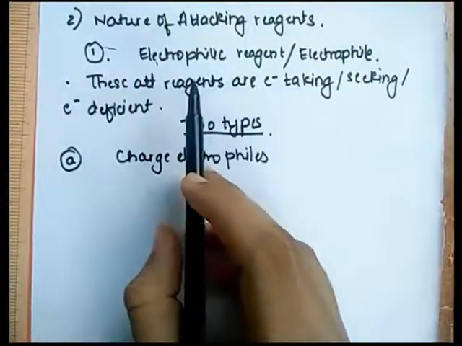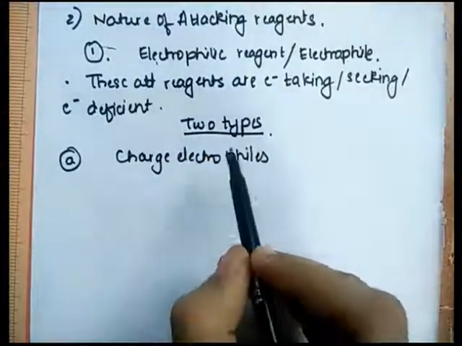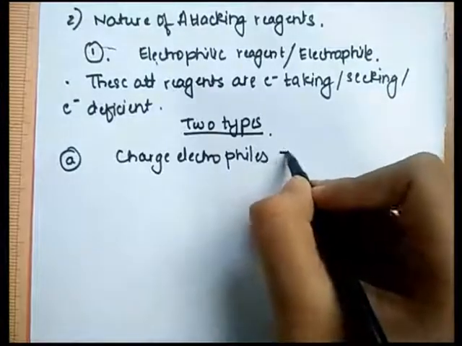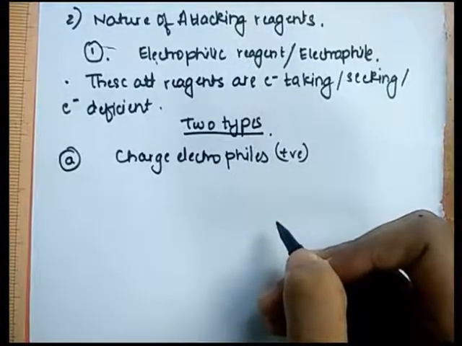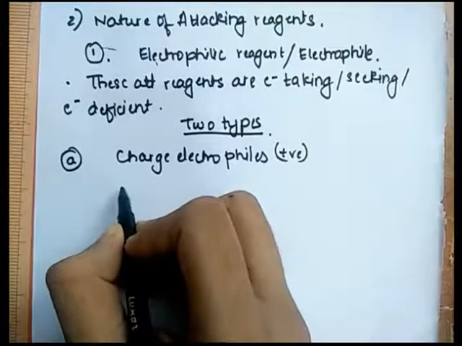For an attacking reagent to be an electrophile, if it is charged, it should always be positively charged so that it takes electrons. So these are charged electrophiles.